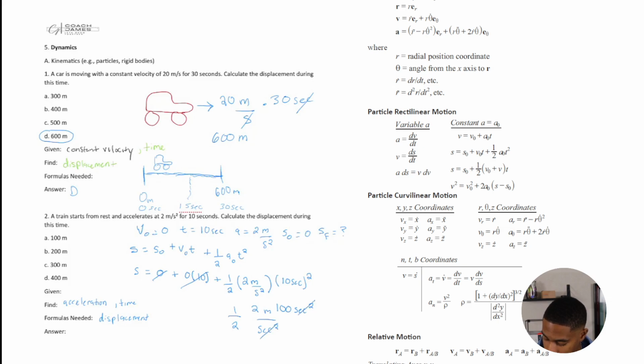So notice these units will cancel. And so you should just be left with 100 meters. And so that's very important that your units make sense, right? So the distance or the displacement over this 10-second period is going to be 100 meters. So our answer is A.